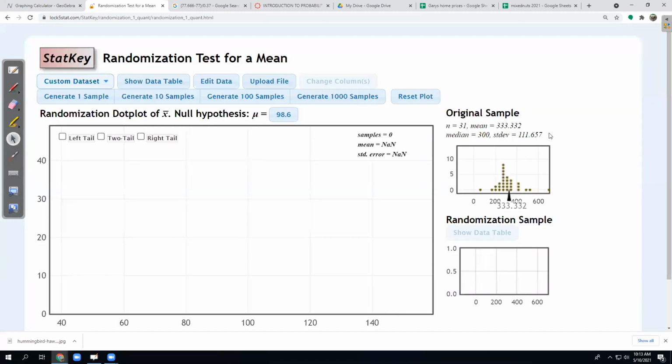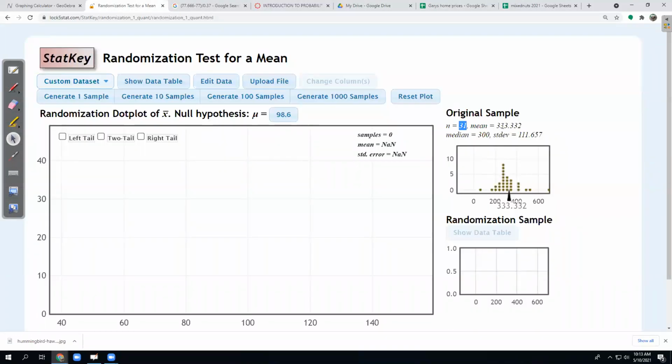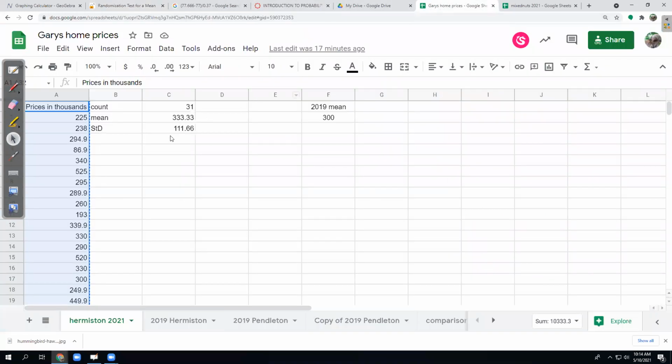Stackkey then looks at my data and says, hey, this data has 31 items, and I already knew that in my spreadsheet. Stackkey says this has a mean of 333.332. I had 2 decimal places on mine. And Stackkey says the standard deviation is 111.675, which should match the standard deviation I got here, but I got 2 decimal places.